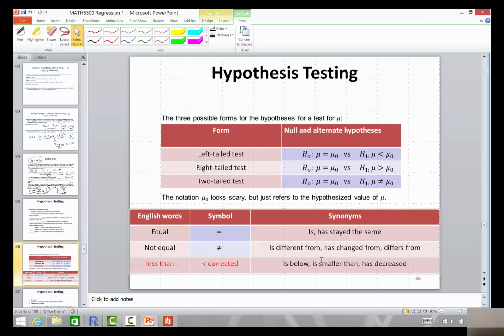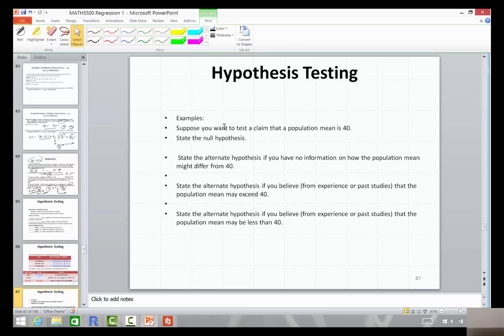This thing I'll again explain in coming slides. All right, hypothesis testing. Even in graduate classes, people mess up how to write down the null and alternate hypothesis. I want to tell you that.